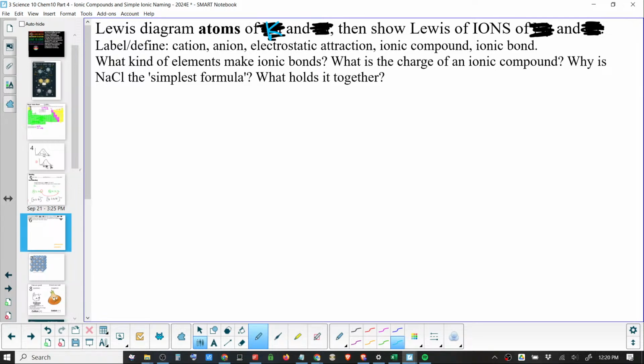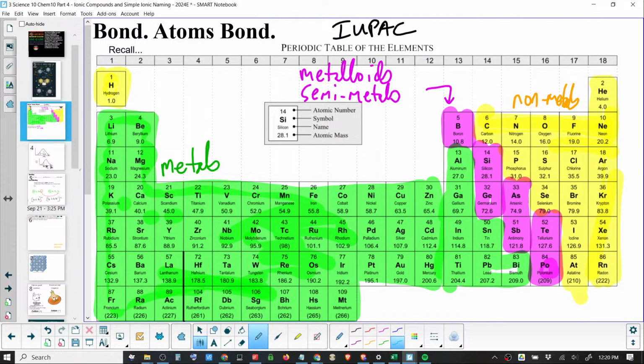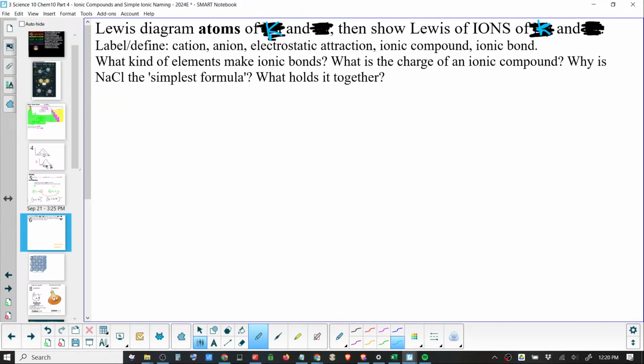potassium and nitrogen. I like that. One of each. I'm going to leave the number up to you with the caveat it should be the correct number.